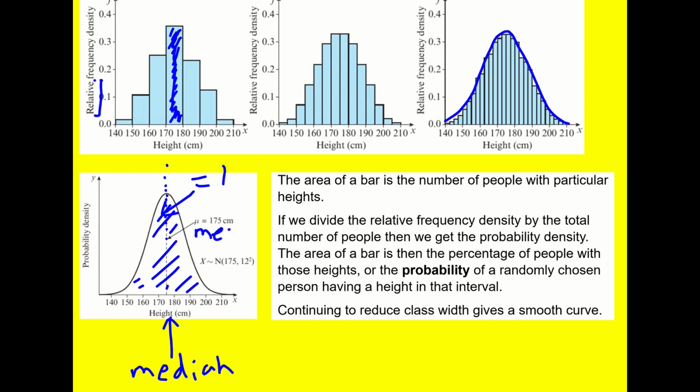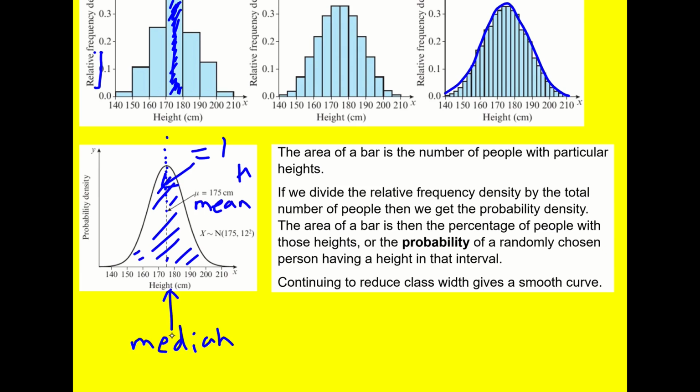The mean is sometimes given the symbol mu. So actually I'm saying here the mean height is 175. The median height is also 175, and guess what? The most common height, although I don't have numbers, I've got probability density, you can see the highest probability is that its height is 175. So in this distribution, the mode, median, and mean are all exactly the same.